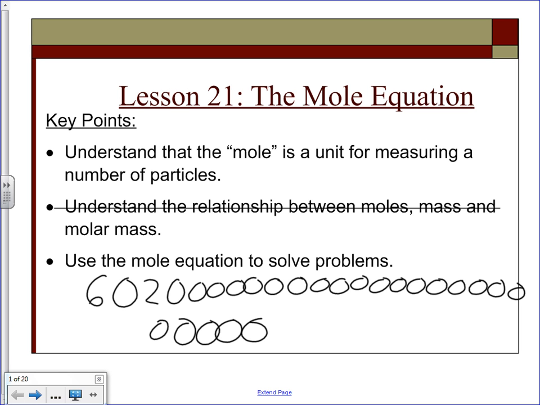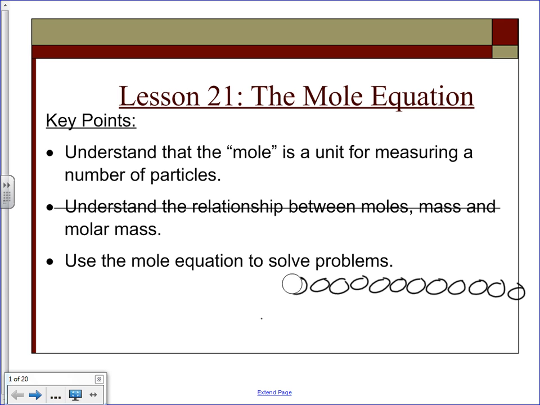Way easier to say 1 mole than to write that. I'd run out of room. And I even made my marker smaller last week. Still ran out of room. So it's a big number. A mole represents a very, very large number of particles. It's just for ease of communication. That's the reason we have the mole.